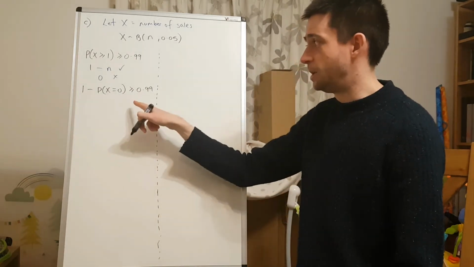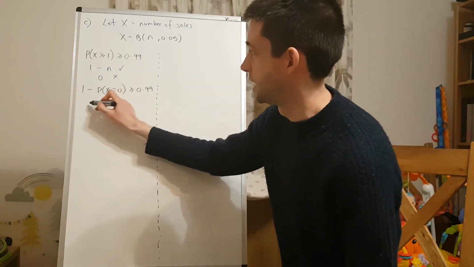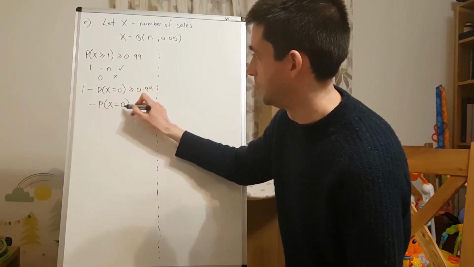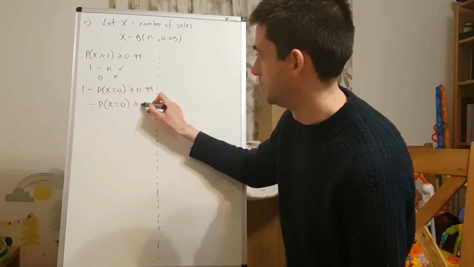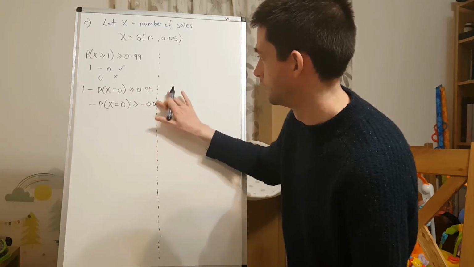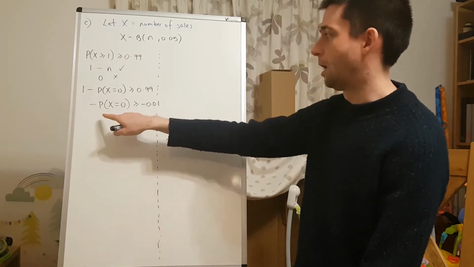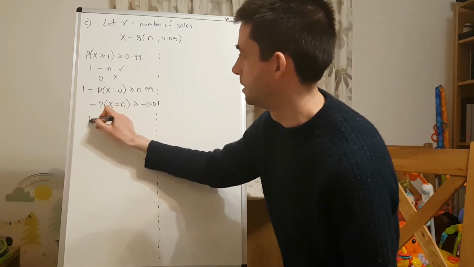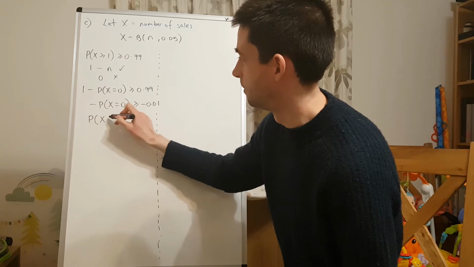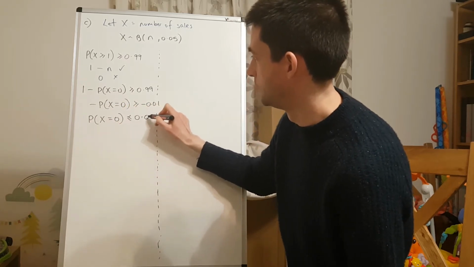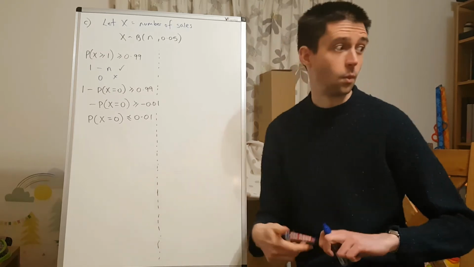I'm going to do a little bit of manipulation here, the same way as in the previous example: subtracting the 1, and then multiplying through by -1. So the probability that X equals 0 has to be less than or equal to 0.01.